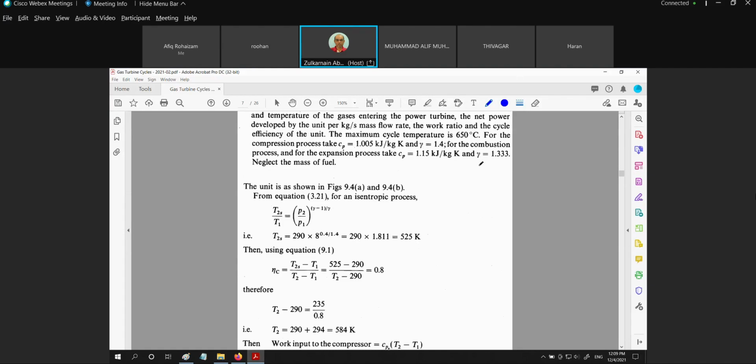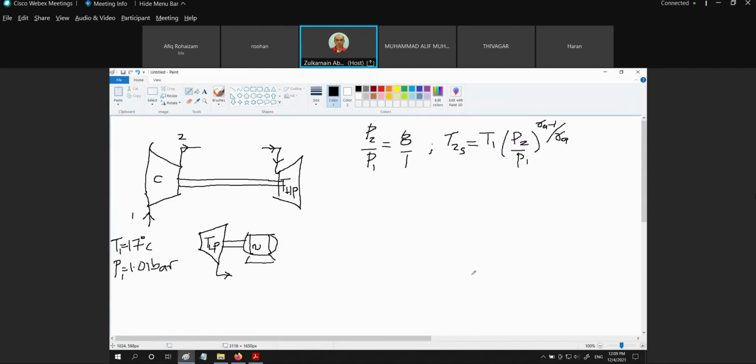The question tells us that the maximum is 650 in Celsius. Therefore, there must be a place whereby we increase the temperature of T2 up to 650.